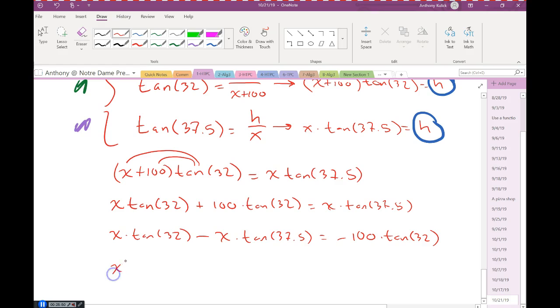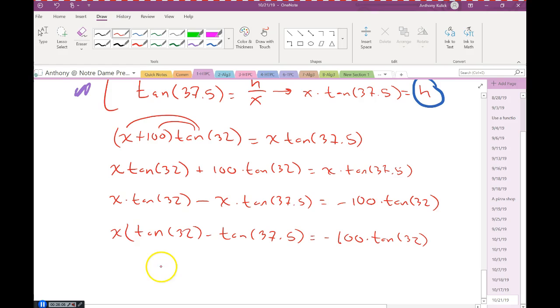On the left-hand side, both of these contain a factor of x, so I can factor that off. And now I can divide both sides by tan 32 minus tan 37.5.